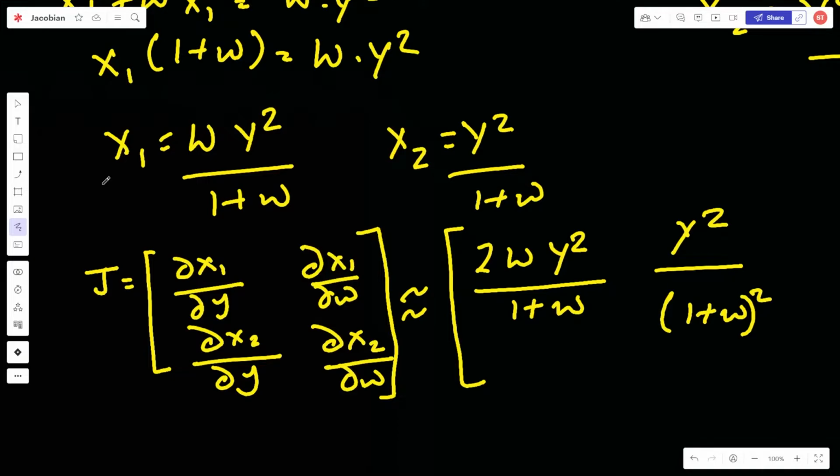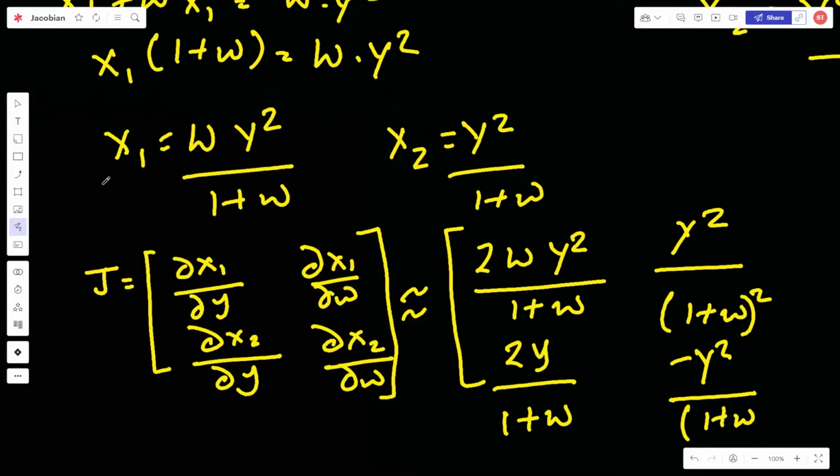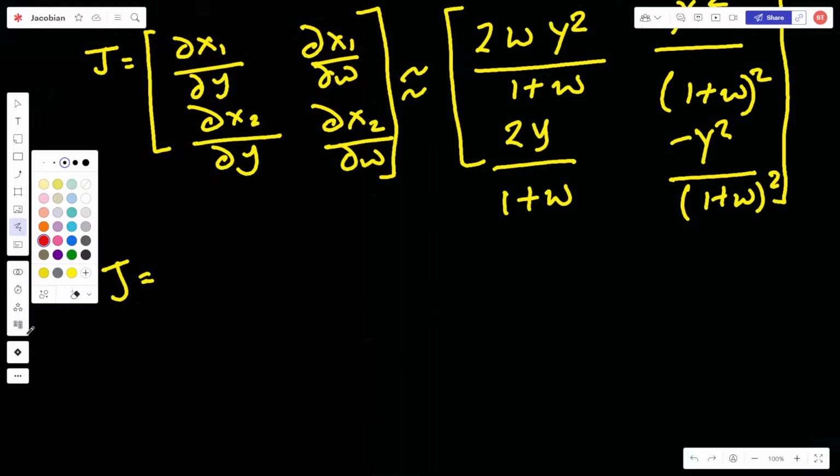And here, the derivative of x2 with respect to y, you have 2y divided by 1 plus w, and here it's going to be negative y squared all over (1 plus w) all squared. I'm going to multiply these two values and then subtract the multiplication of those two values.